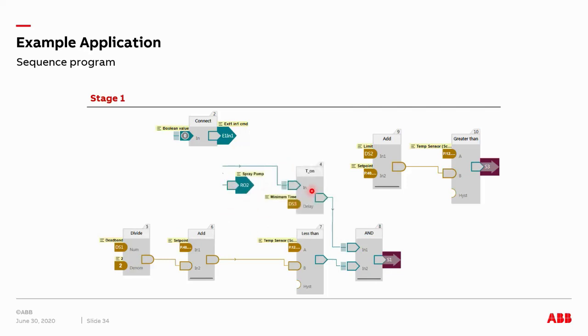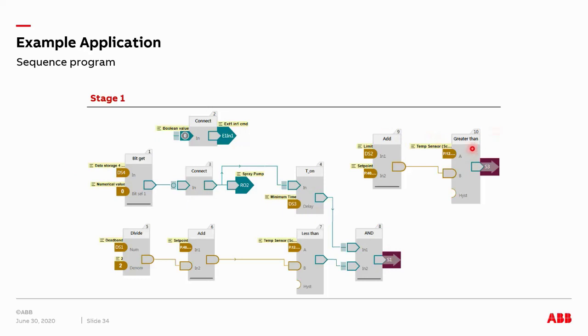So look at my time on, make sure it's meeting my minimum time, and I will run it that way. So the first thing this is doing is seeing, hey, am I being told to be shut off at all? If I'm not being told to shut off, then let's keep running. Run the spray pump, which is what that's doing here. Then it's checking to make sure that the spray pump's been on for at least the minimum time before it's allowed to go back to sequence 1.